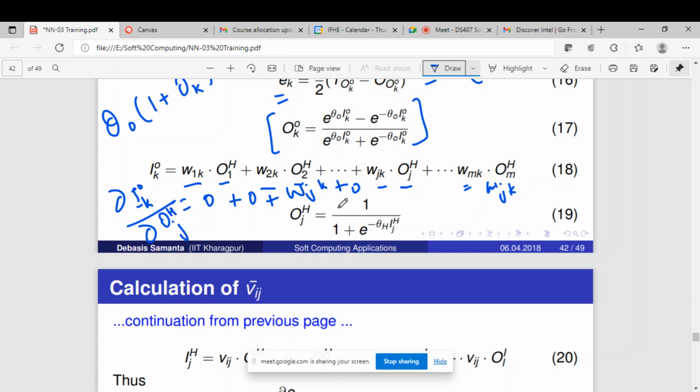So it is 1 by 1 plus e to the power minus theta h I_j^h. You have to take the derivative with respect to I_j^h. How to do that we will discuss. I already shared one video regarding that, so you should go through that.